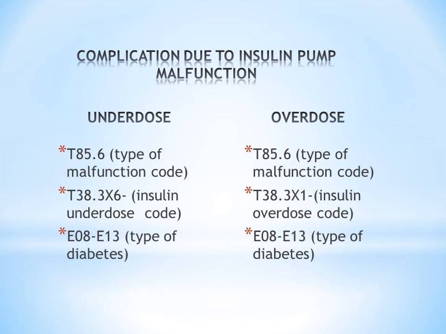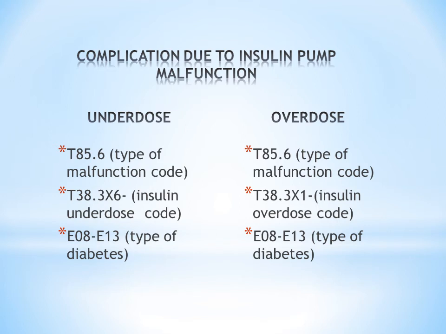And the second code for underdosing is T38.3x6, that is insulin underdose code. Whereas in the overdose case, it is T38.3x1 code, that is insulin overdose code. And the third code for both underdosing and overdosing is the type of diabetes, that is E08 to E13 series.